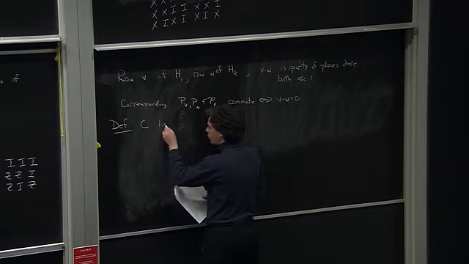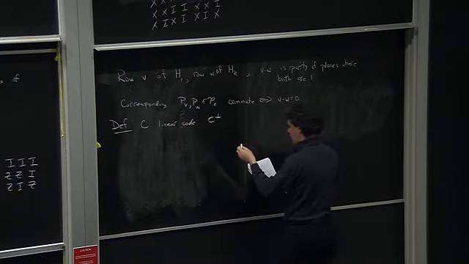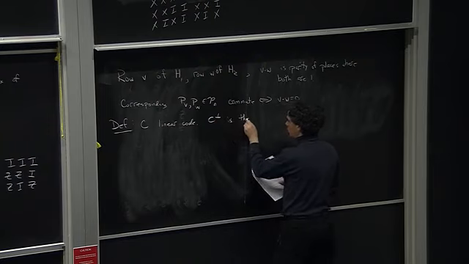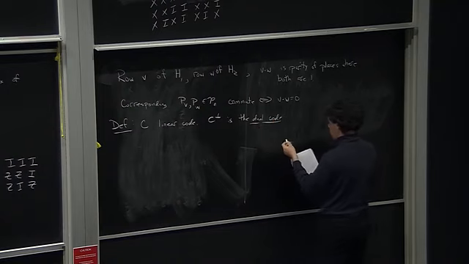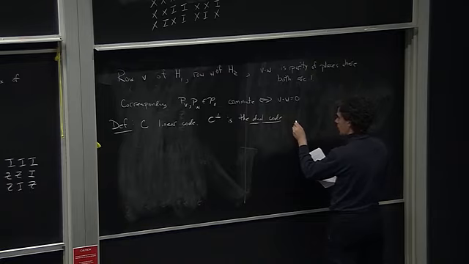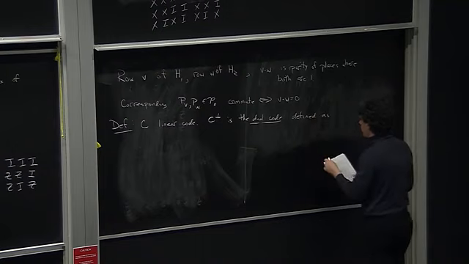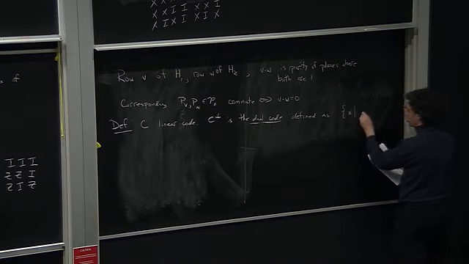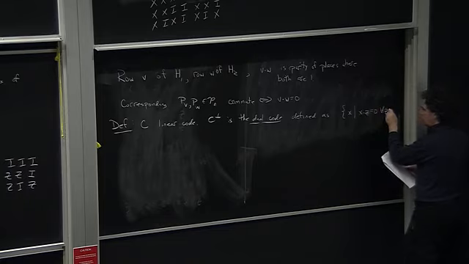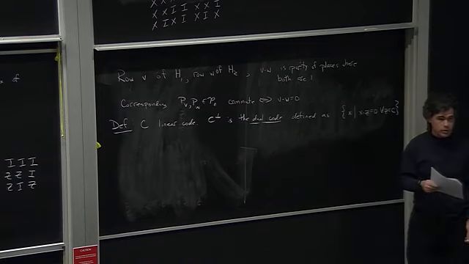So C is a linear code, and then C perp is the dual code, which is defined as the set of vectors x such that x dot z is equal to 0 for all z in C. Okay? So it's exactly a set of vectors that have this property.